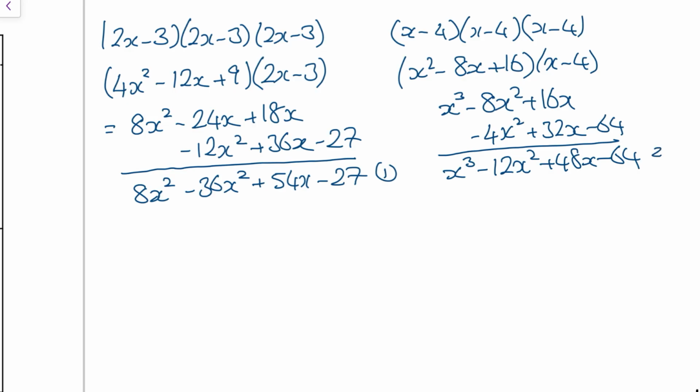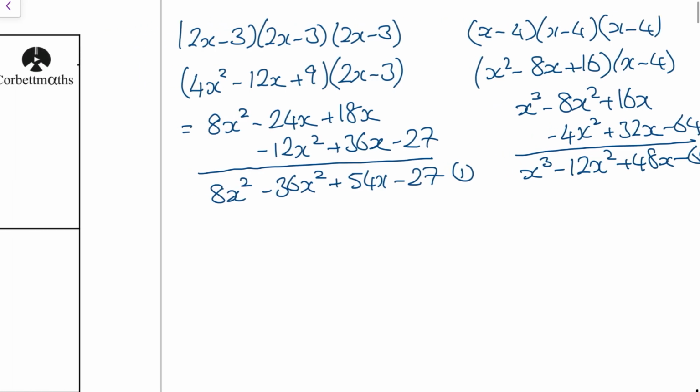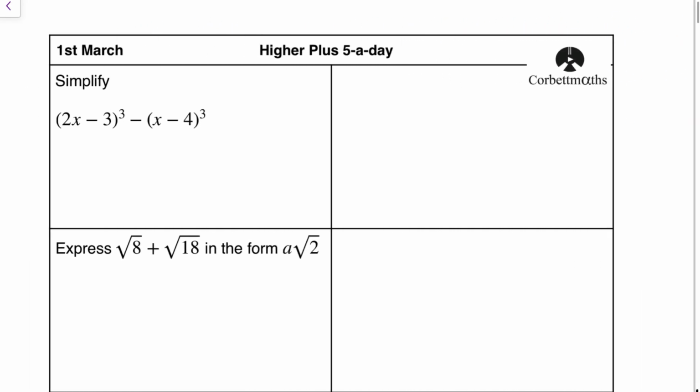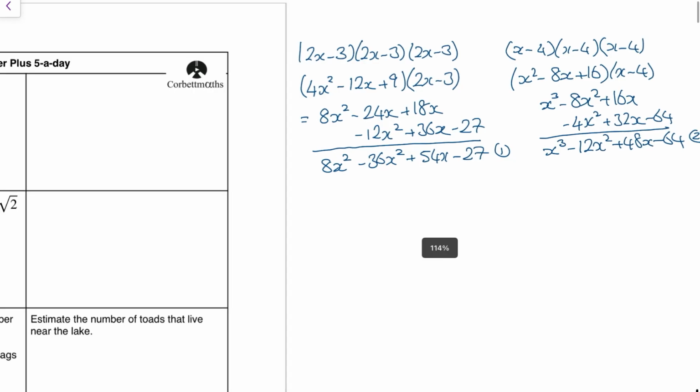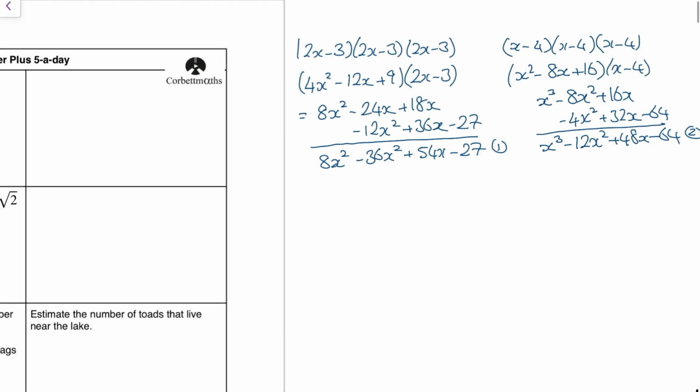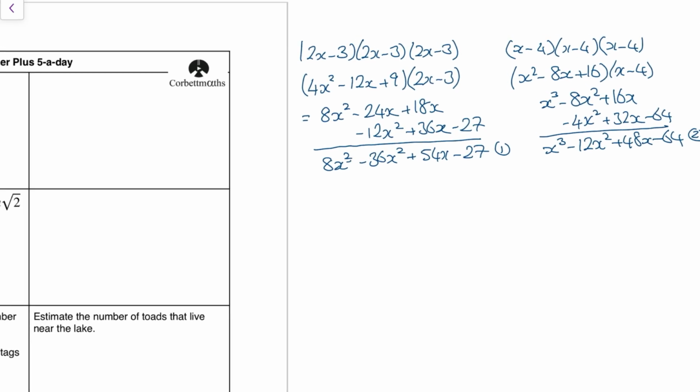Quick breather before I do the final part. Now, what are we doing? Now, you have to be really careful here because I'm taking away. So I need to really carefully take one away from two. And because of the way I've written it, I can't see these very easily. Okay, let's carefully take these things away so I don't make an error. So 8x cubed minus x cubed is going to give me 7x cubed.